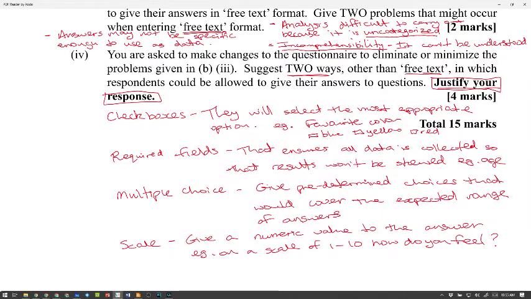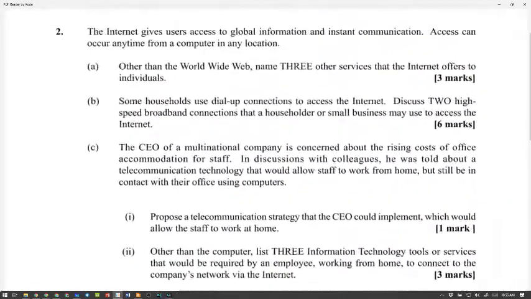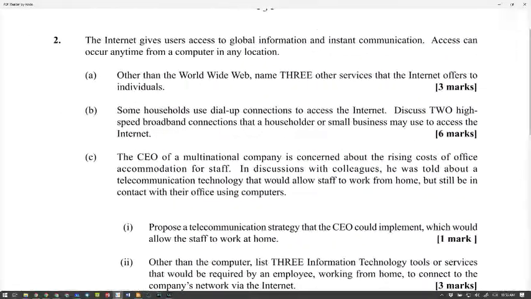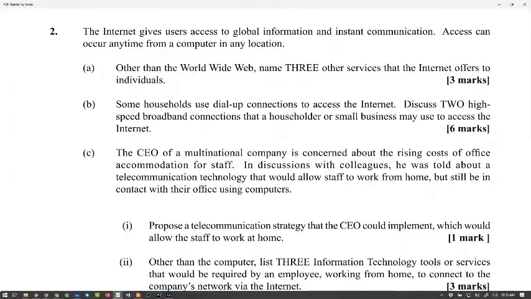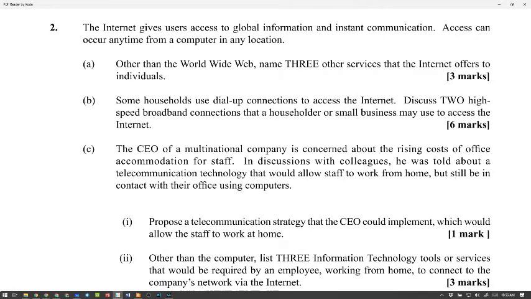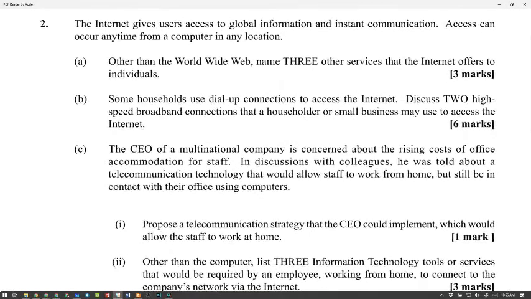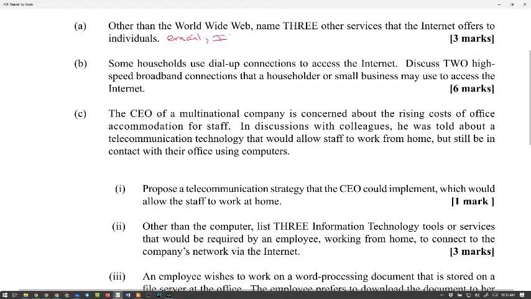that will sell your answer, that will sell your understanding. The internet gives access to global information and instant communication. Access can occur anytime from a computer in any location. Other than the World Wide Web, name 3 other services that the internet offers to individuals. Email, IRC, online libraries, message boards, yeah, then you could have voice over IP.